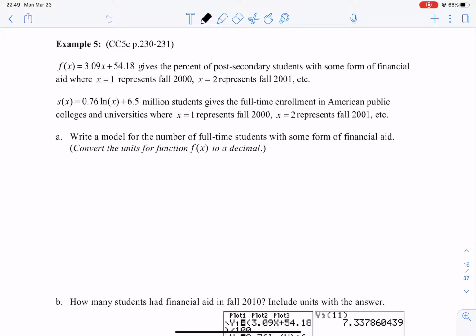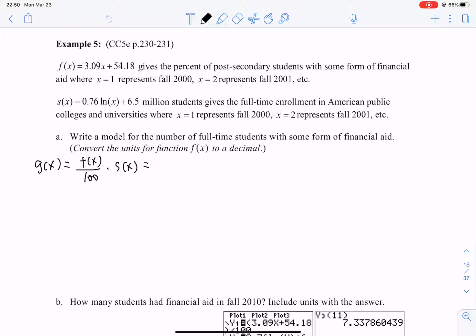Let's say this is g of x. G of x equals, but it's not enough to just multiply these two functions, because the first one, f of x, the unit is just the percent. So that means we have to divide it by 100. The first function, f of x, divided by 100, multiplied by the second function, s of x.